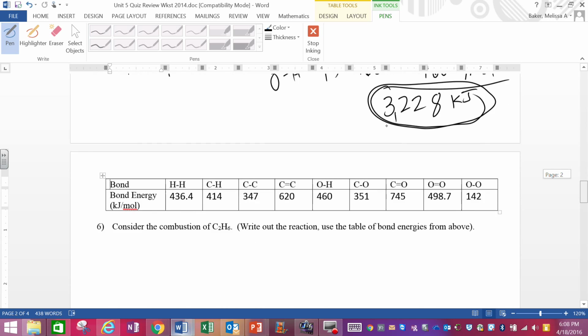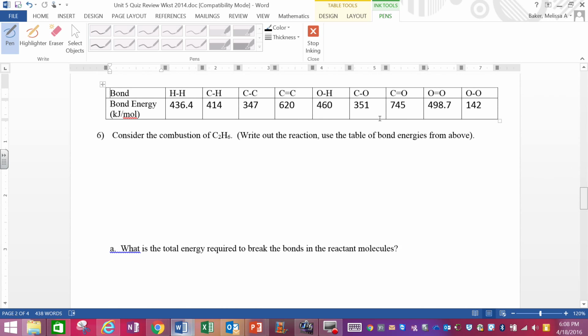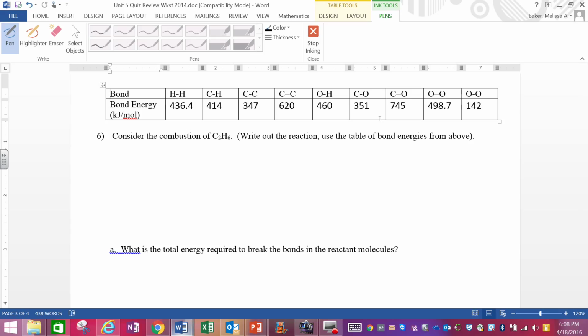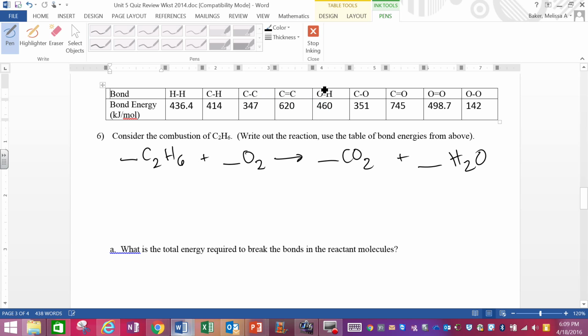Alright, what about for a whole entire reaction? The amount of energy released or absorbed overall is what we're going for here. So first we got to write out the reaction for the combustion of C2H6. So we know combustion is always plus O2, and it always makes CO2 and H2O. Now let's use the CHO method.